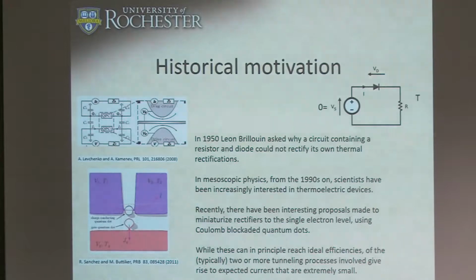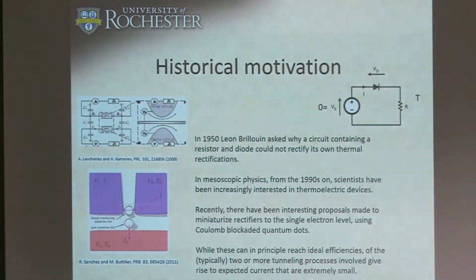We all know that the temperature will make the voltage across that resistor fluctuate because of the fluctuation dissipation theorem, but the diode only lets electrical current pass one way and not the other. So why couldn't I use such a circuit to rectify the ambient thermal fluctuations out of the environment and create a machine just from the thermal fluctuations of the environment? Of course, if we think a little bit, we realize that can't possibly work, but nevertheless it's an intriguing idea, and that will motivate some of the other designs we talk about later in this talk.